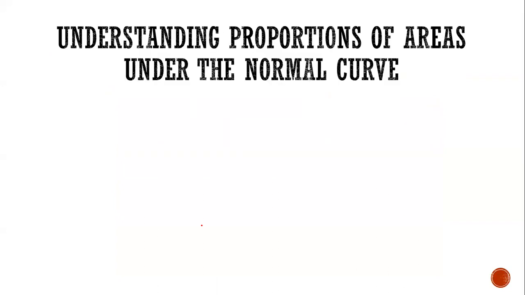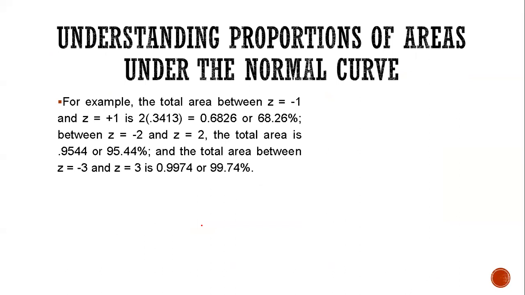Next, understanding proportion of areas under a normal curve. For example, the total area between z equal to -1 and z equal to +1. Pag sinabing total, anong total area niya? Dahil si 0 hanggang 1 ay 0.3413, tama? At yung value naman niyan 0 hanggang -1, the same lang.